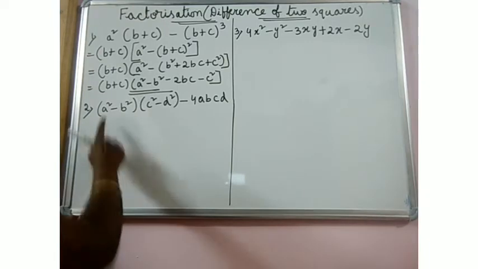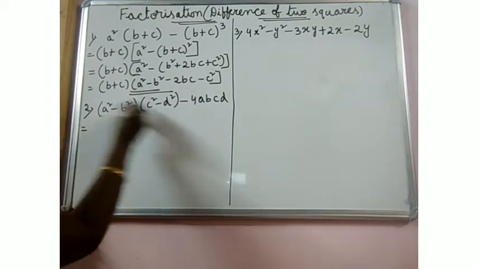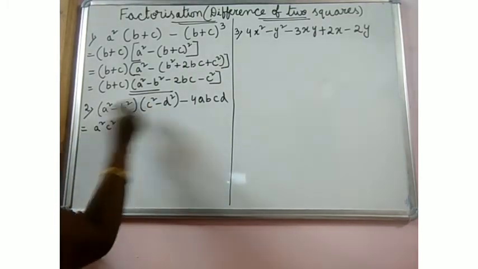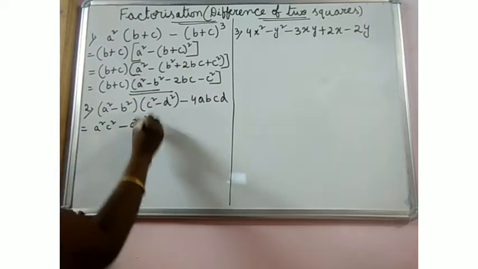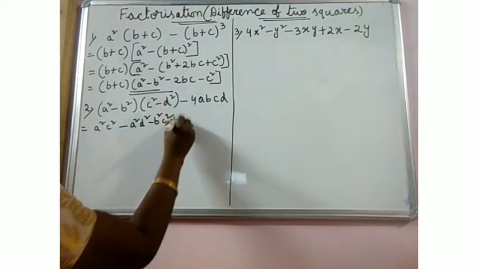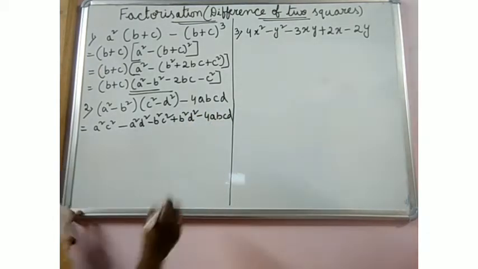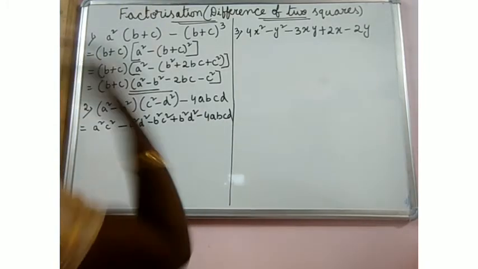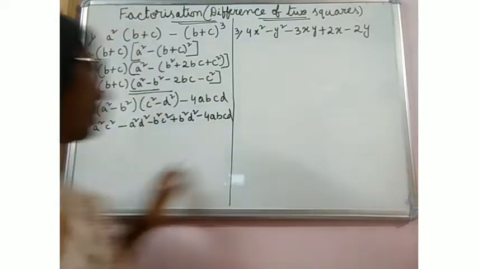What we have to do here is, first we have to open this and let us see what we are going to get. A square into c square, a square c square, plus into minus minus, a square into d square, a square d square, minus into plus minus, b square c square, minus into minus plus, b square d square, then minus 4abcd. Now when we see, minus 4abcd can be split into minus 2abcd and minus 2abcd.